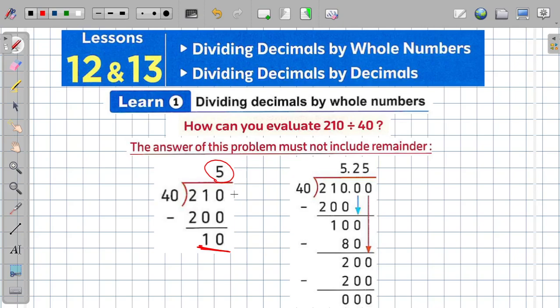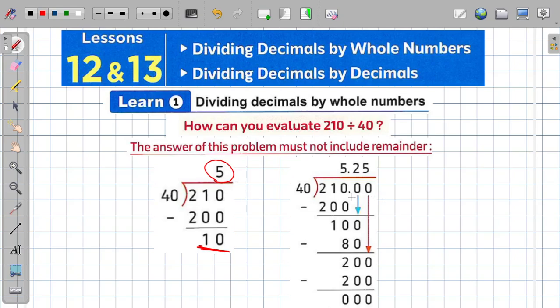But I want the answer of this problem to not include a remainder. Okay, I don't want a remainder in my answer. So what can I do? I will continue the division by putting a decimal point and some zeros next to this decimal point.